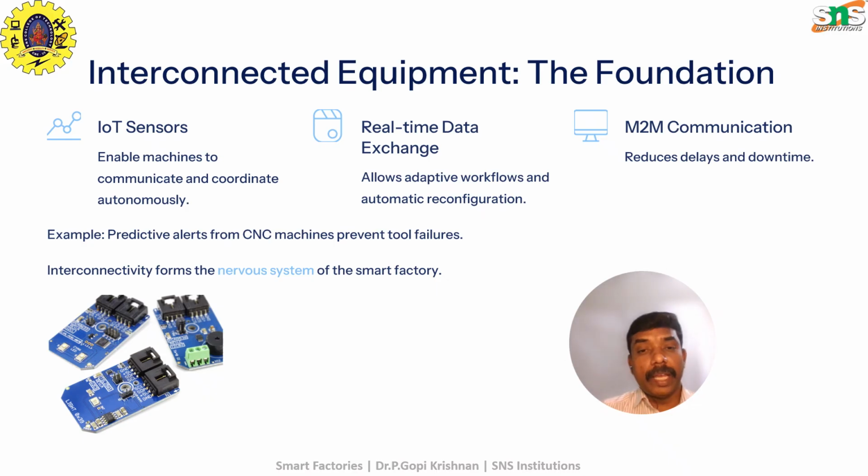Real-time data exchange is also a very important concept, which is important for identifying the right workflow for the given component. We can have a number of workflows for a given set of components. Say, for example, we have around 20 machines, different kinds of machines, and we have different sets of components to be manufactured.